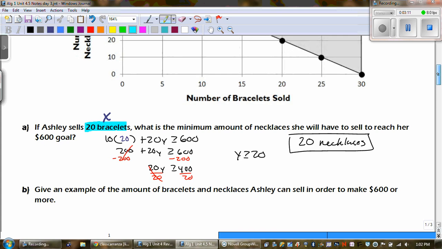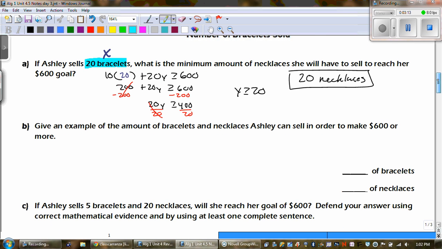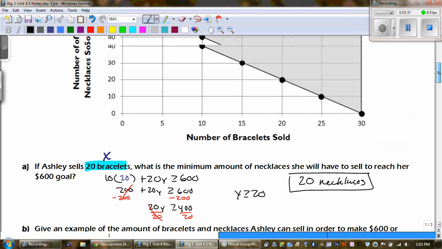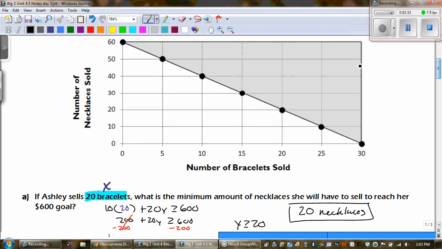I sure am. Now, give an example of the amount of bracelets and necklaces Ashley can sell in order to make $600 or more. So if we're going to give an example, we should mathematically prove that it's correct. Okay? So let's pick a point. It doesn't matter which one. I'm going with 10 and 40. Okay?